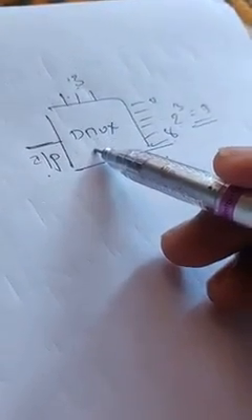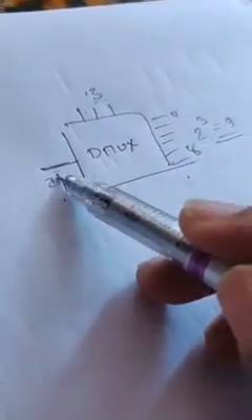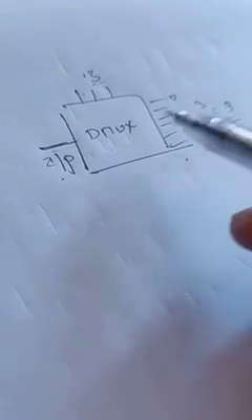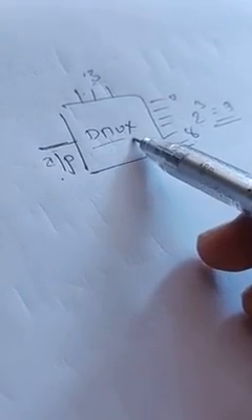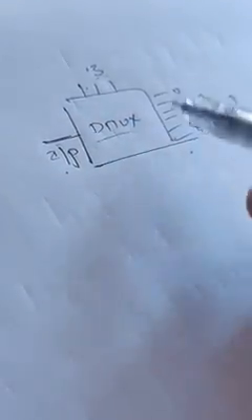So the demultiplexer decides through which output channel this input has to be passed on to the output. Through which output channel, that will be decided by the control inputs. This is a demultiplexer.